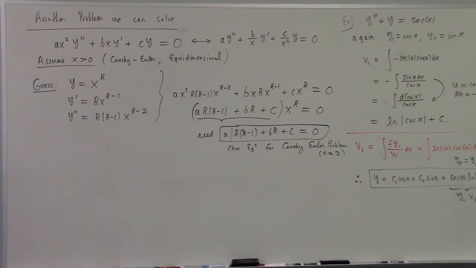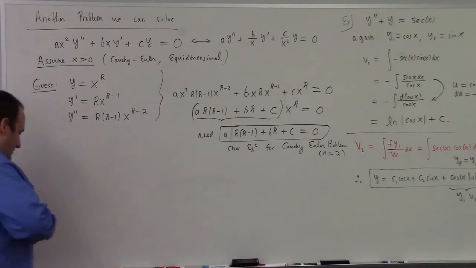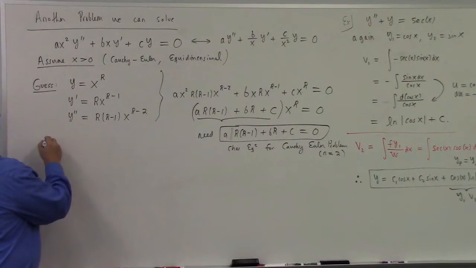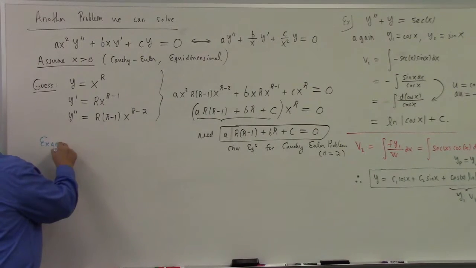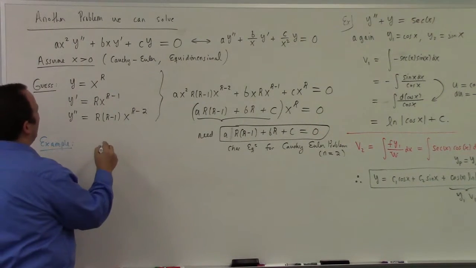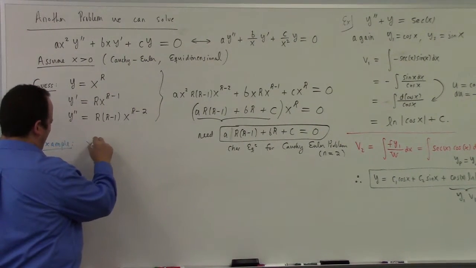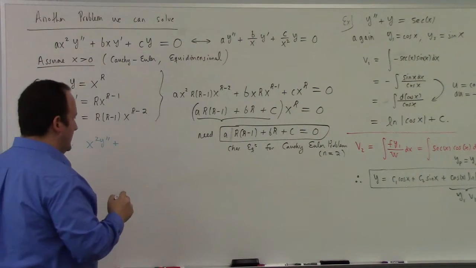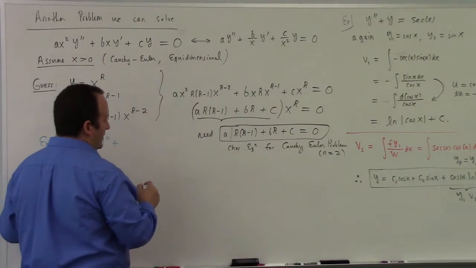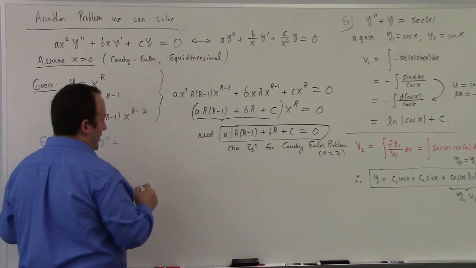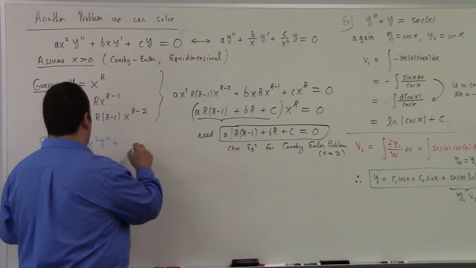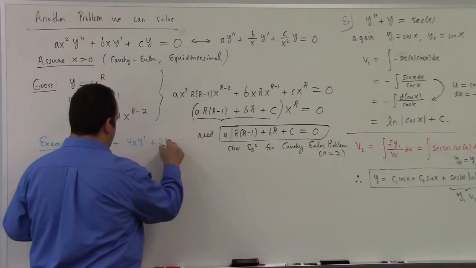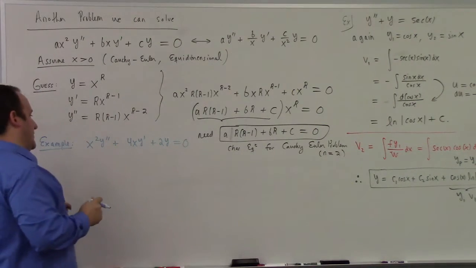All right, let me try one. Hopefully I won't get us into trouble. Example: if I had x squared y prime prime plus 4x y prime plus 2y equals 0, let's find a fundamental solution set.